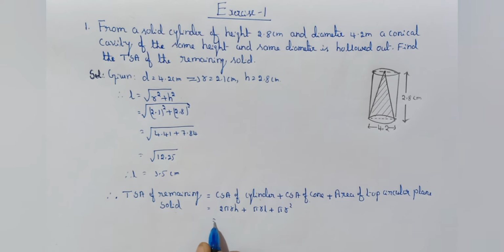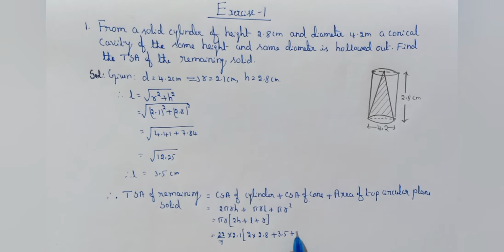Next, we can take pi R as a common factor, then the remaining terms are 2H plus L plus R. Now substitute 22 by 7 for pi, and R is 2.1 into 2 into H, which is 2.8, plus the slant height 3.5, plus the radius 2.1.